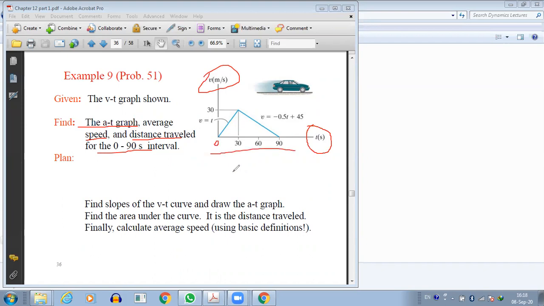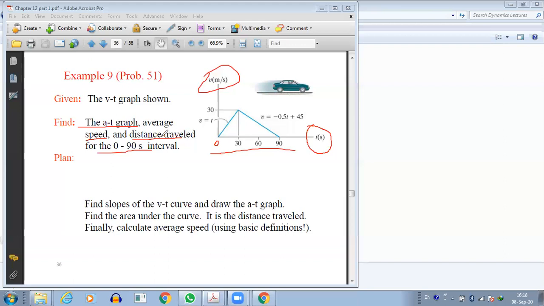For one thing, we need to move one way forward. For the other thing, we need to move backward. When we need to find the AT graph from VT, we just differentiate it once. But when we need to find the ST graph, because we need to find average speed and distance traveled, we need to integrate.